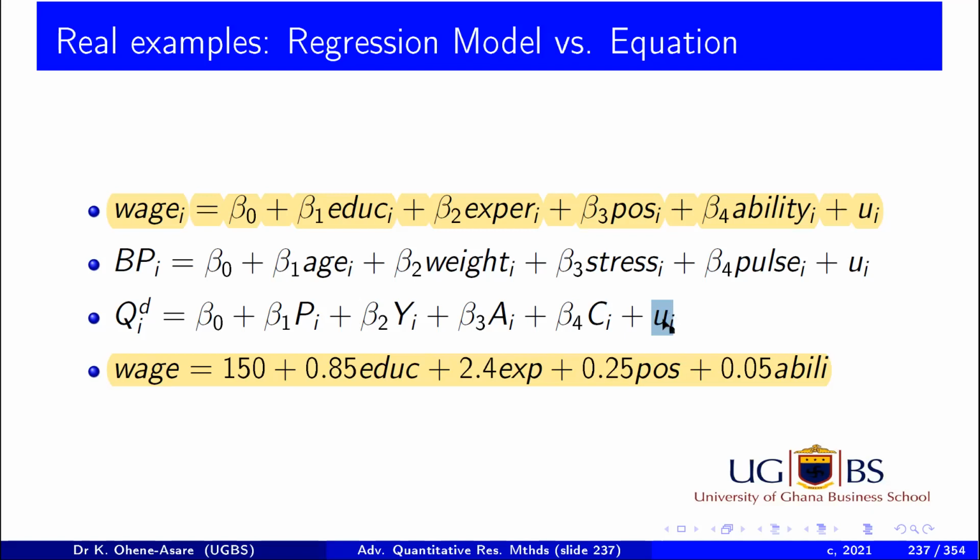This unobserved factor is annoyingly affecting the relationship. And so you would have wished that its value is even 0. So with this, before we can run this regression and move from this level to that numerical level, we need to make certain assumptions.